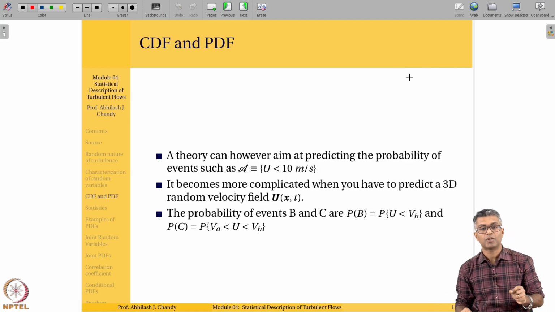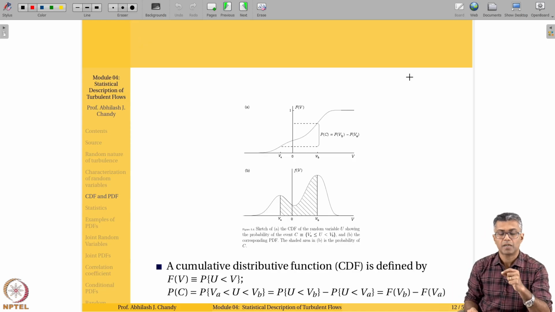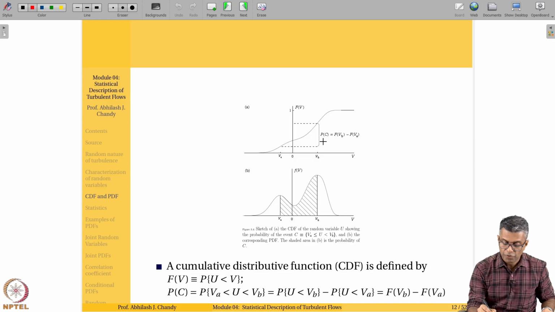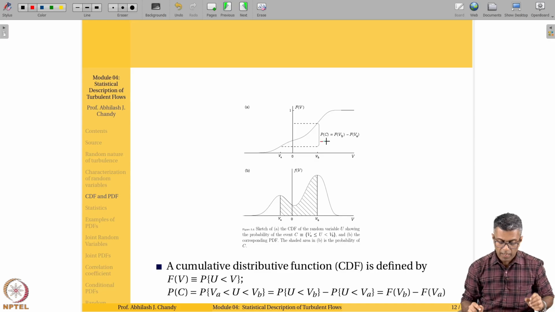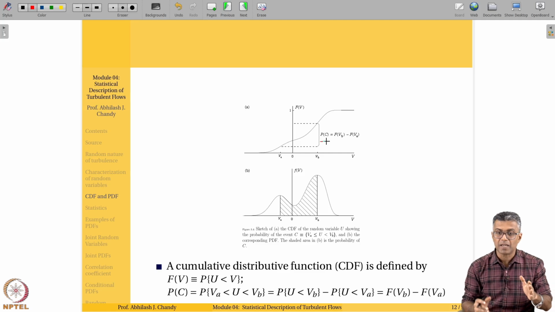So what we are trying to do is, we are trying to predict the probability of events rather than the value itself, the exact value. So here again, we start to define what is called a cumulative distribution function, a CDF. CDF is the probability of an event C, where you have the probability of velocity being between Va and Vb.